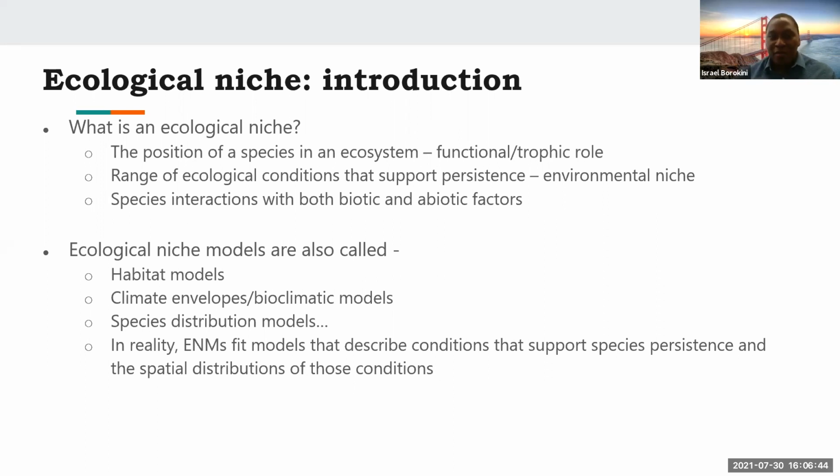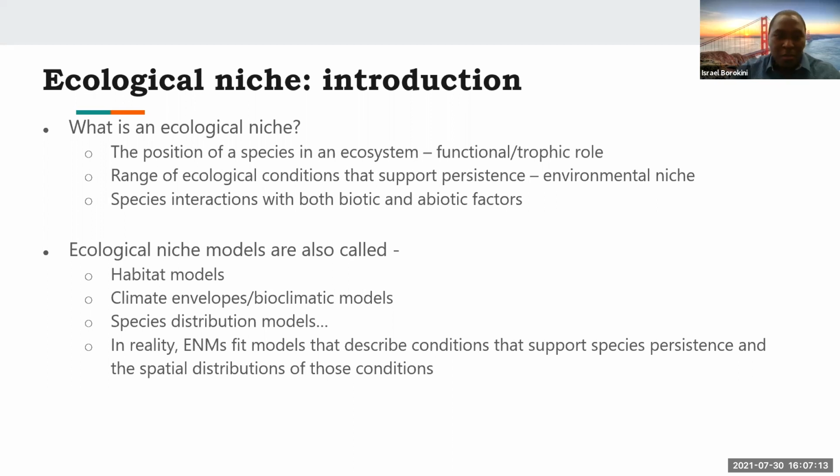Then we have the potential niche, which are areas where they can actually live, but they have not yet had the opportunity of reaching those areas. So we fit niche models using environmental conditions where we know we have found a species, and we use it to predict to other areas where they have not yet reached, but where we think the models can predict that they can actually survive.